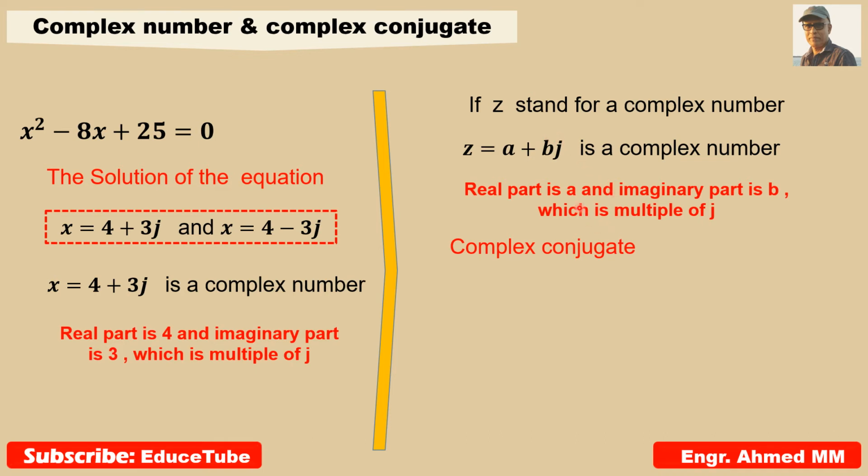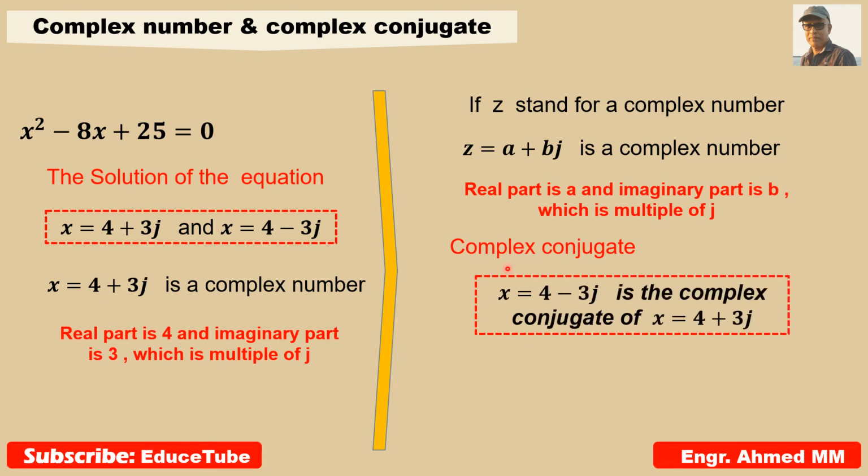We also need to understand another point, which is called the complex conjugate. What is a complex conjugate? Very simple. Here I have written, because we got two roots, one is 4 plus 3j, another is 4 minus 3j. So 4 minus 3j is the complex conjugate of 4 plus 3j.